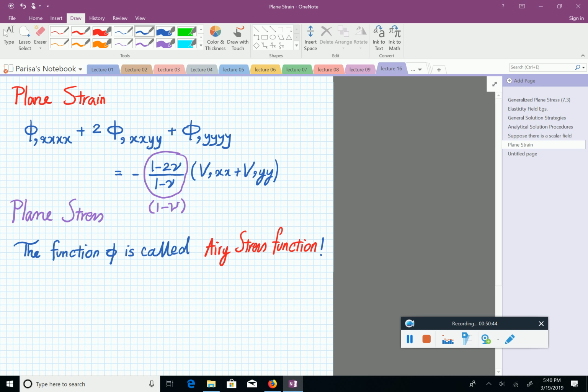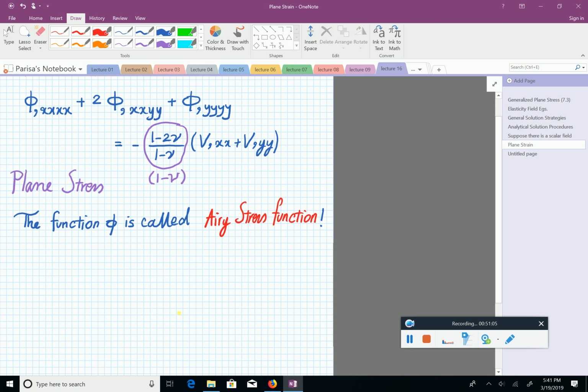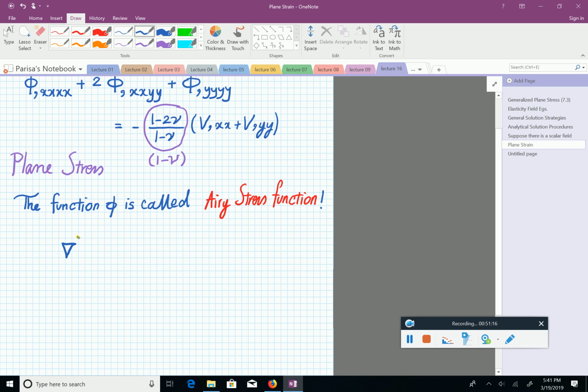So basically, since we know that the equilibrium equations are satisfied, the only equation that you have to worry about becomes this equation. We know that if you have the phi, the equilibrium equations are already satisfied. So one way to write this a little bit compactly is to use a different symbol. Remember Laplacian? Now, instead of 2, 4.